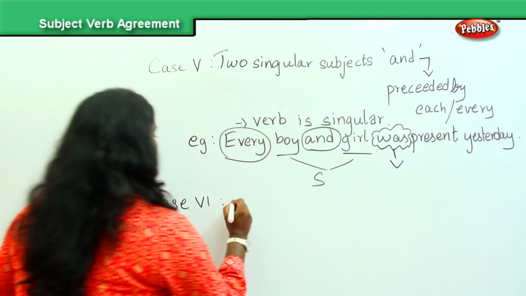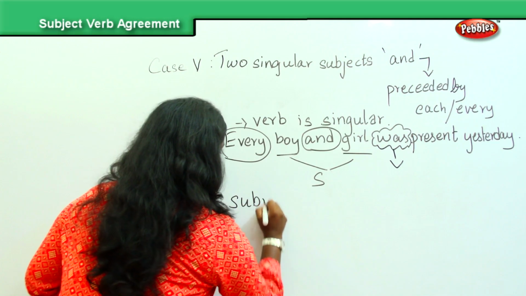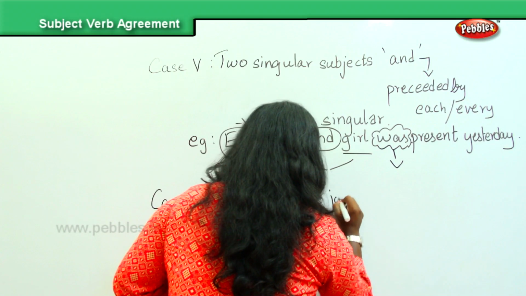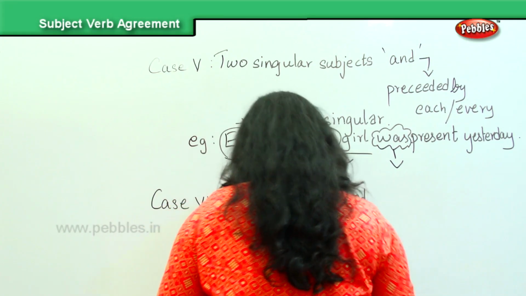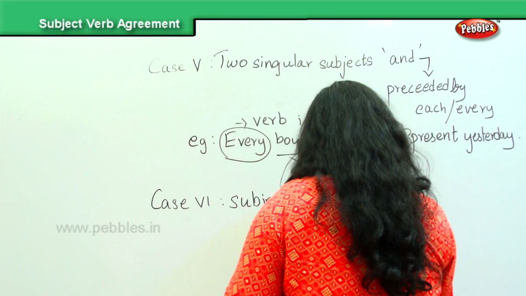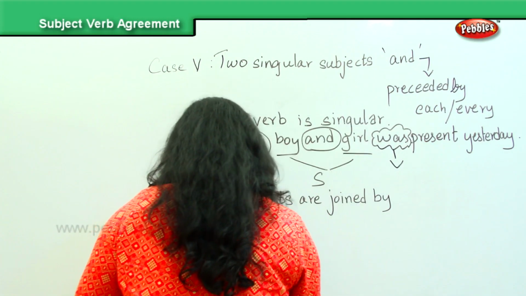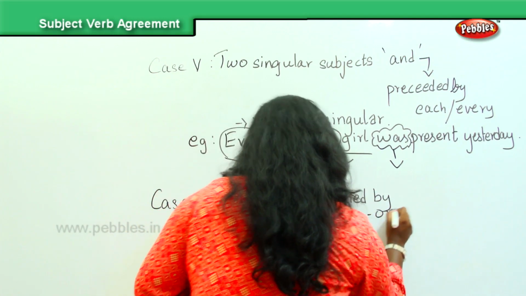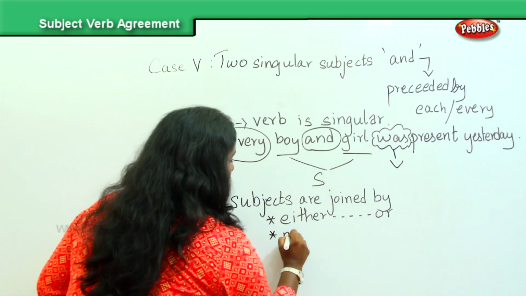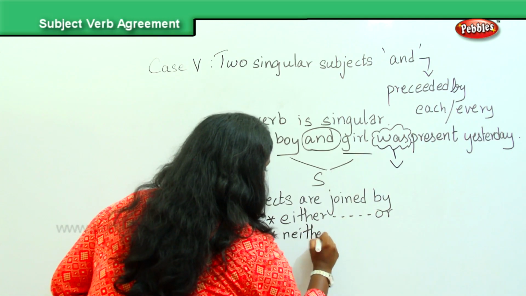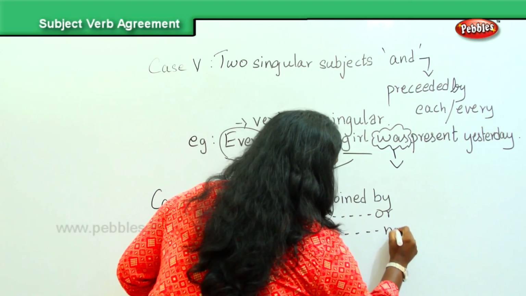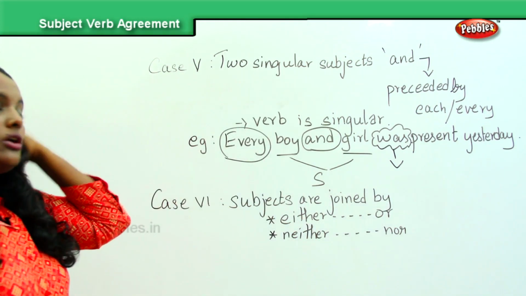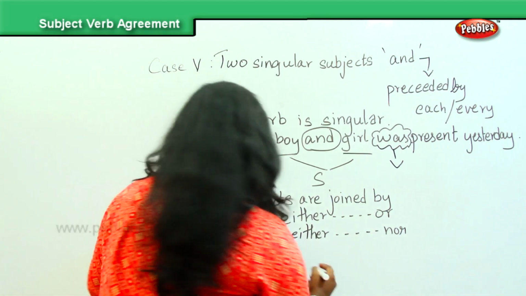Case 6 is when your subjects are joined by either or, neither nor. So your subjects can be joined with either or neither nor.